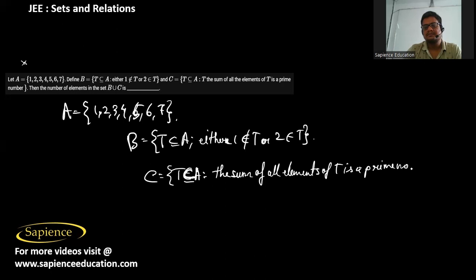So now the number of elements in the set B intersection C is.